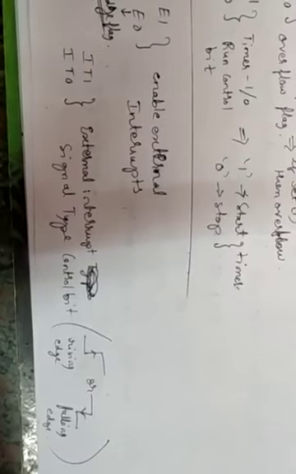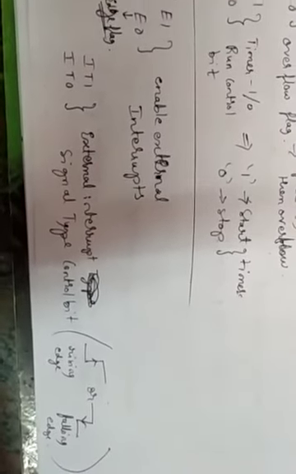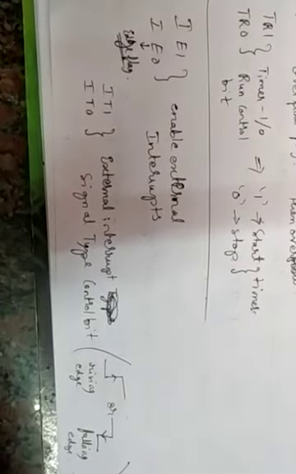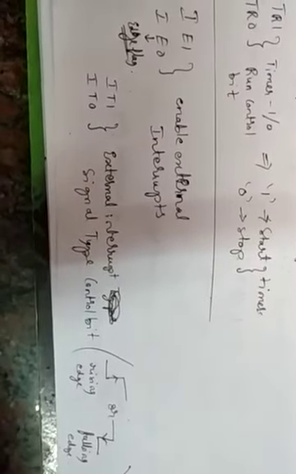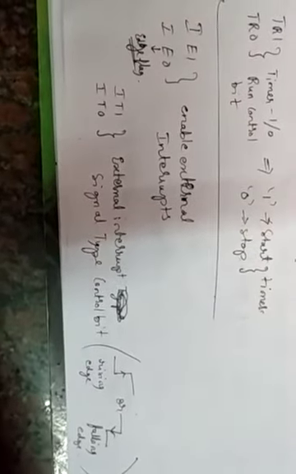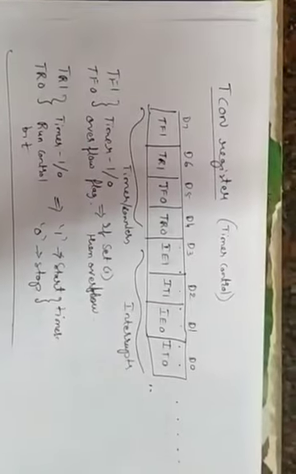It will decide whether the interrupt will start from the rising edge or from the falling edge, depending on the bits present in IT1 and IT0. We will not look more into this. Just remember that IE1, IE0, IT1, IT0 are dedicated to interrupts, because you have 2 interrupts, interrupt 1 and interrupt 0, same like timers. So this is about the TCON register.